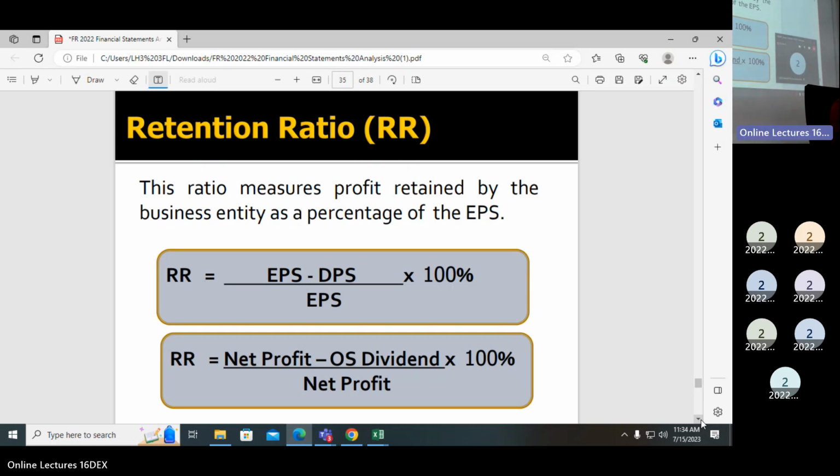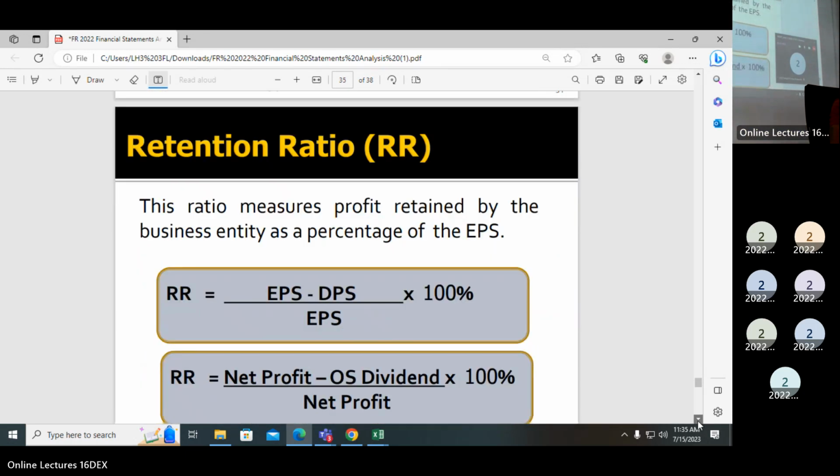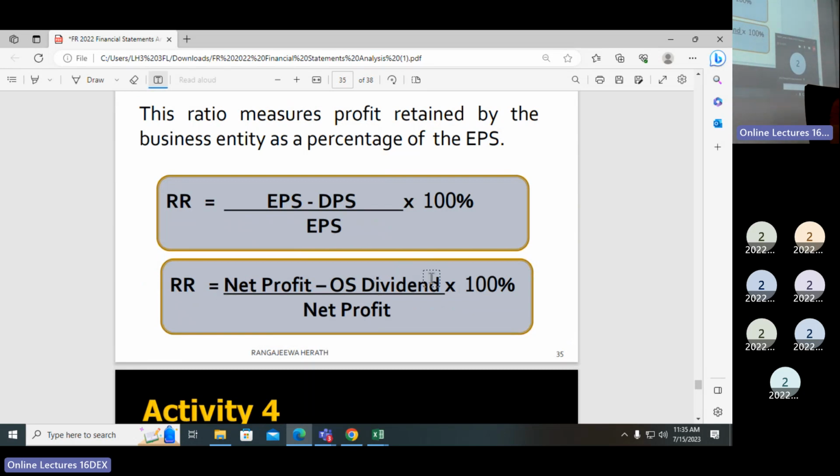So the retention ratio: you can take earning per share minus dividend per share, that is how much is retained, divided by earning per share. Otherwise, you can also take the ordinary share dividend divided by net profit, showing how much of the profit was paid as dividend, and the remainder of net profit is the retention percentage.